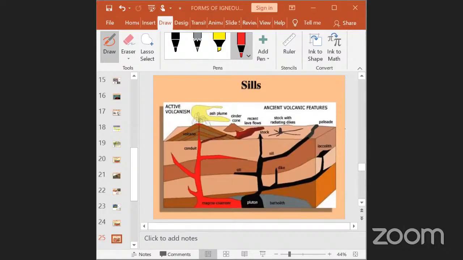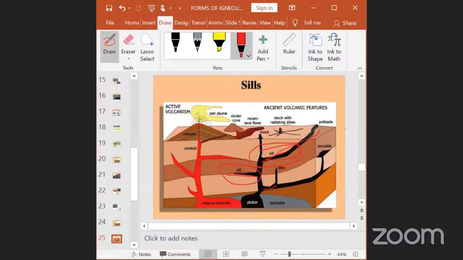Sills are formed due to the penetration of magma into the bedding planes of country rock. You see here, this picture shows sills.